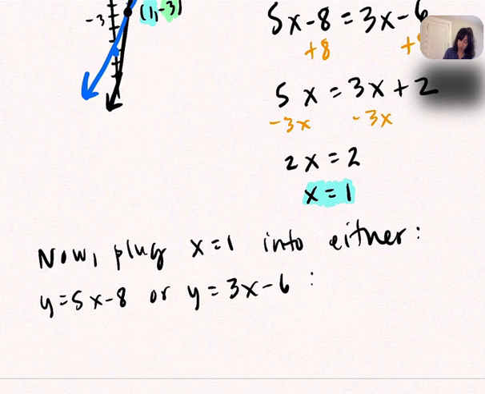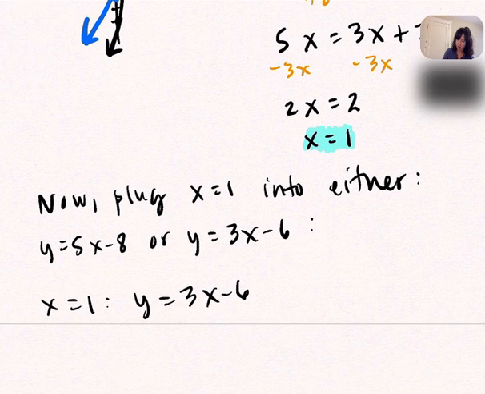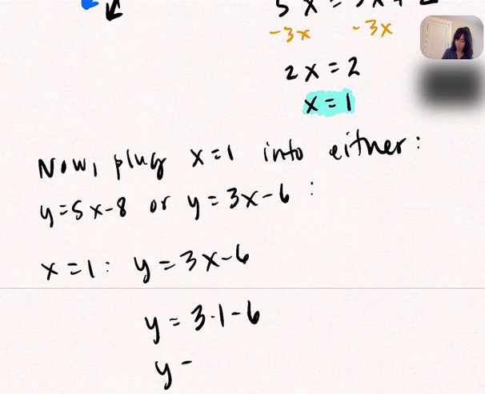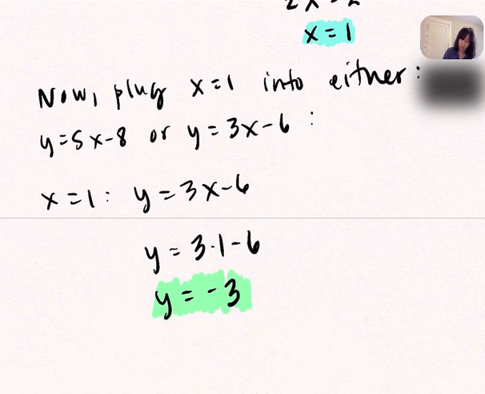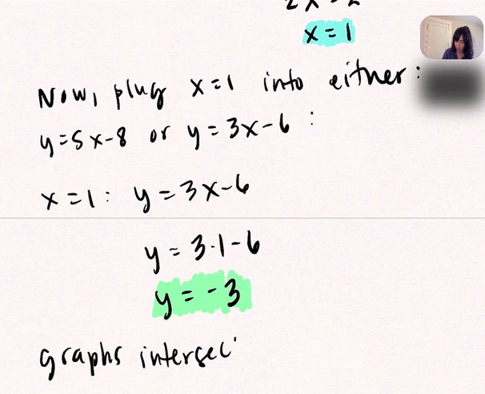If I put it into y equals 3x minus 6, I get y is equal to 3 times 1 minus 6, or y is equal to negative 3. So algebraically, we can find that the two graphs intersect at x equals 1 and y equals negative 3. In other words, the graphs intersect at 1 comma negative 3.